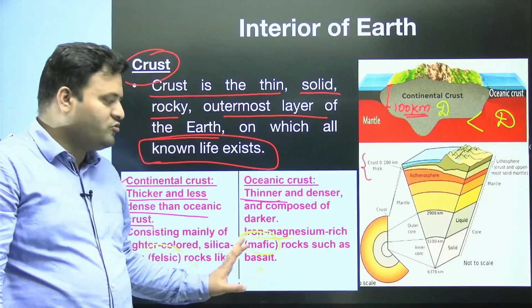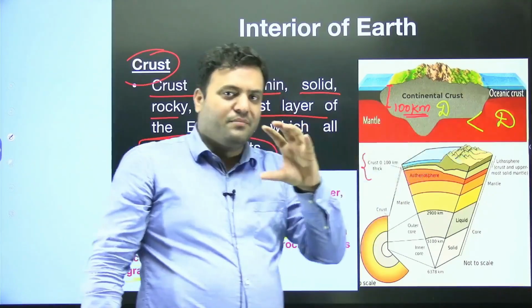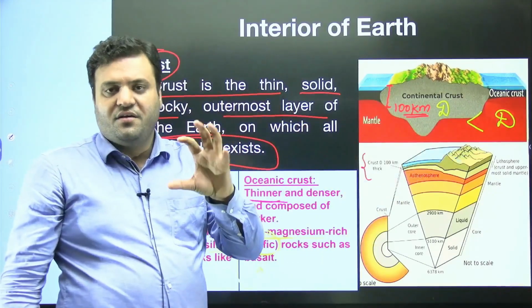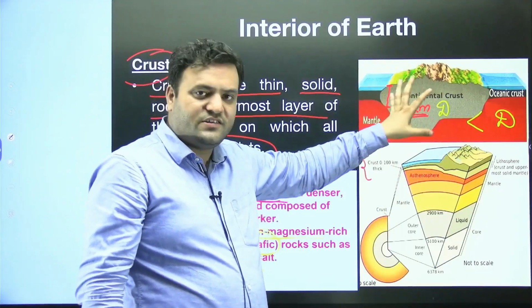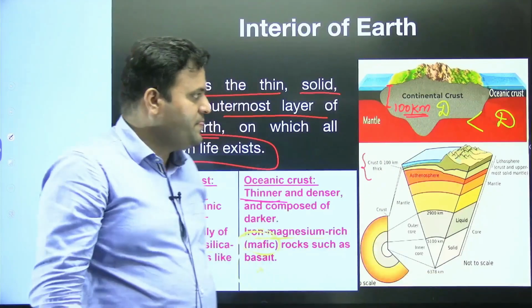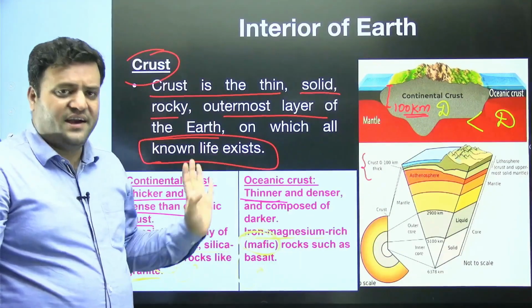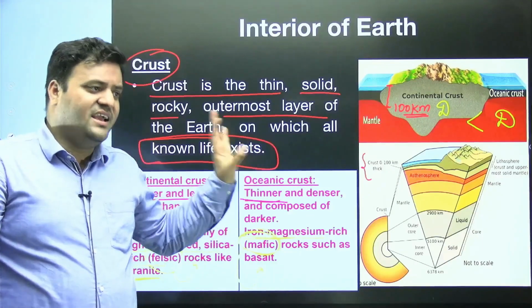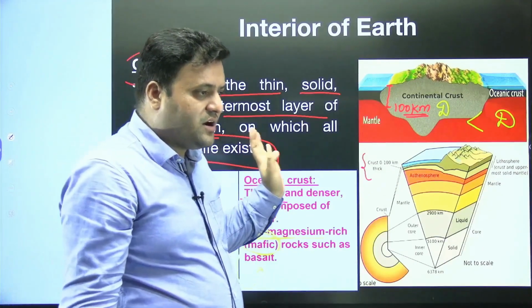Basalt is found in the oceanic crust, and basalt is more dense, whereas granite is less dense. Granite is found in the continental crust, whereas basalt is found in oceanic crust. So this is an idea regarding Earth's interior, specifically the crust.